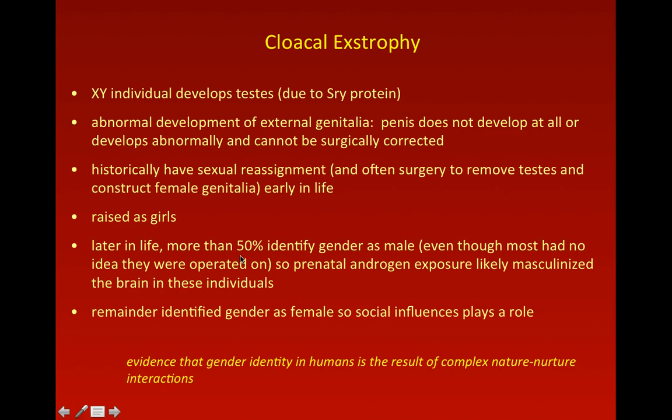So this disorder is one piece of information that we use to provide a bit of evidence that prenatal androgen exposure masculinizes the brain even in humans.